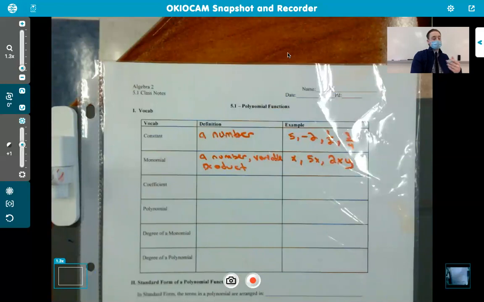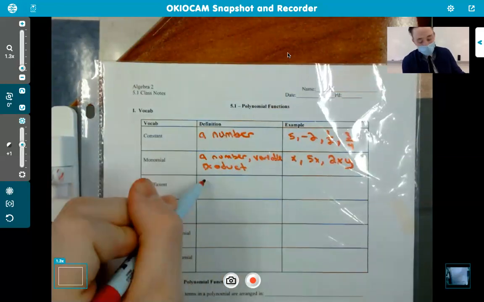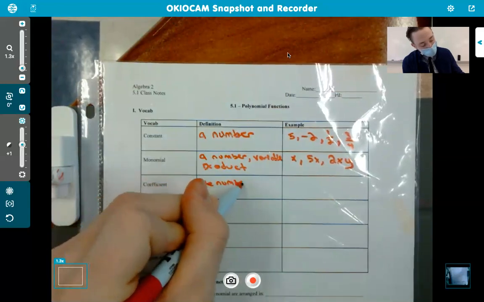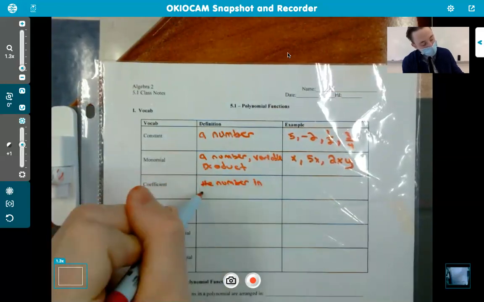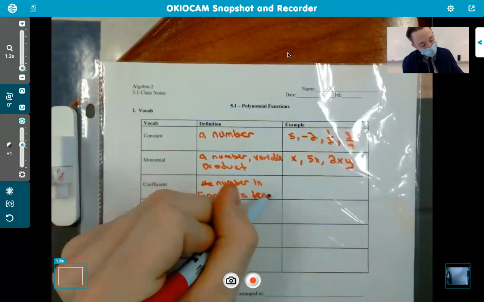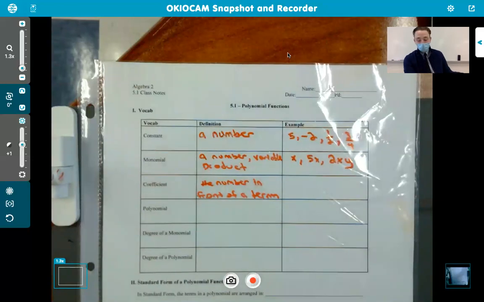Coefficient, we use that a lot often, especially when we used synthetic division. We talked about having to find coefficients. How would you describe a coefficient? Right, it's the number in front of that variable, in front of that singular term. So we'll say the number in front of a term is what's called our coefficient.